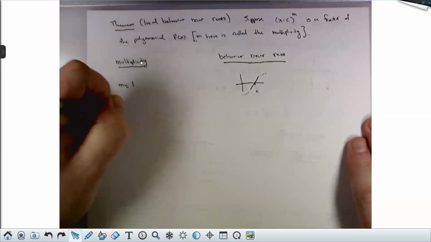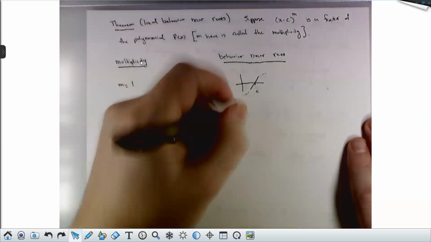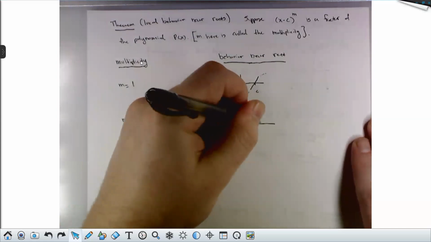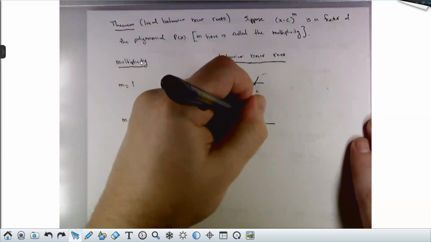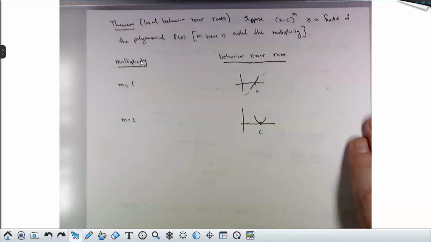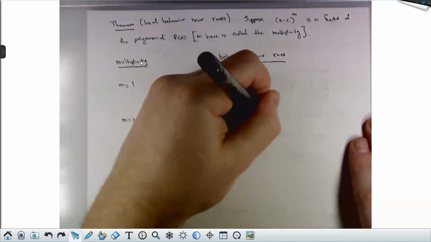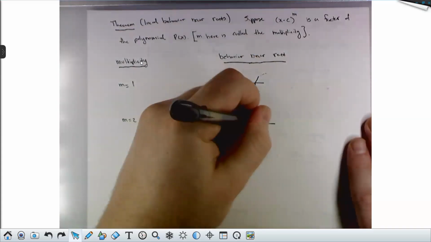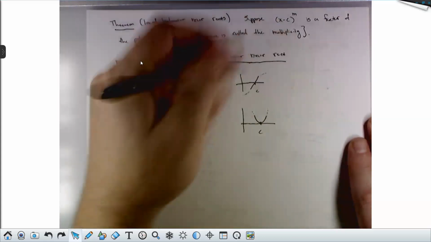If m is equal to 2, then the local behavior there is going to be something like this. It's going to bounce off the x-axis rather than crossing over it. And I guess we should say there's other ways it could cross over.